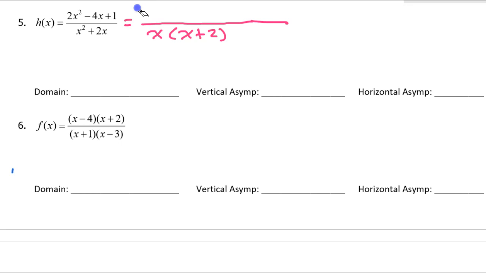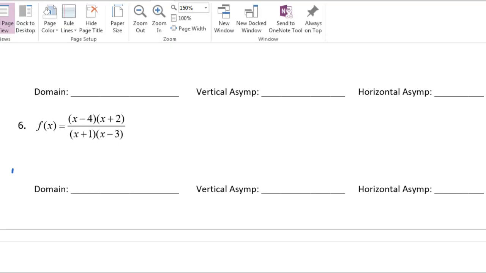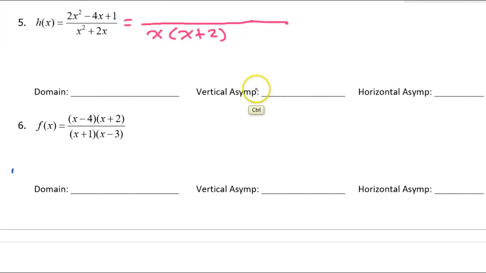But that's okay, because I don't need the numerator in order to know the vertical asymptotes. I just have to set the denominator equal to 0. So from the x, that's going to give me x equals 0. From the x plus 2, that's going to give me x equals -2.